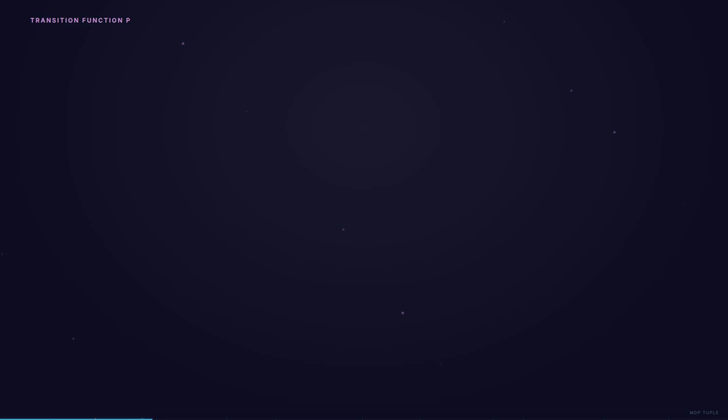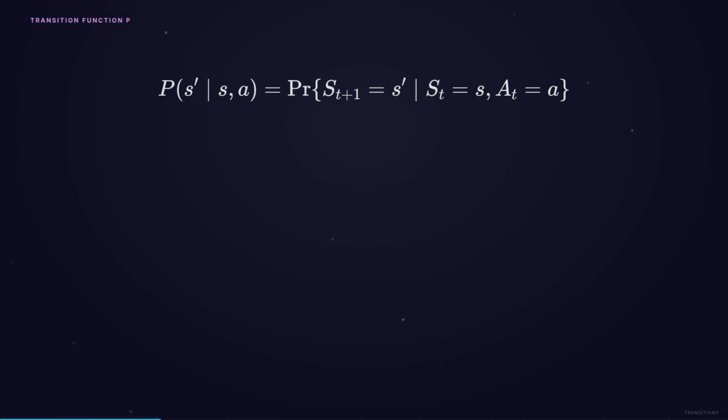The transition function P is where dynamics live. Given that the agent is in state S and takes action A, P tells us the probability of landing in each possible next state S prime. In our grid world from Episode 1, transitions were deterministic. Move right, and you always end up 1 cell to the right.